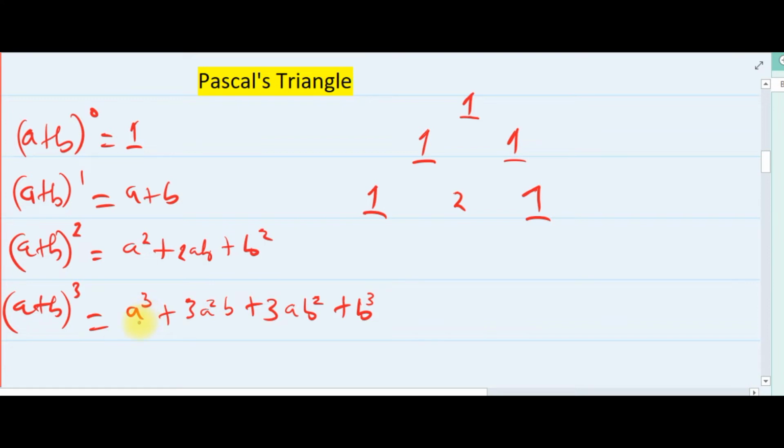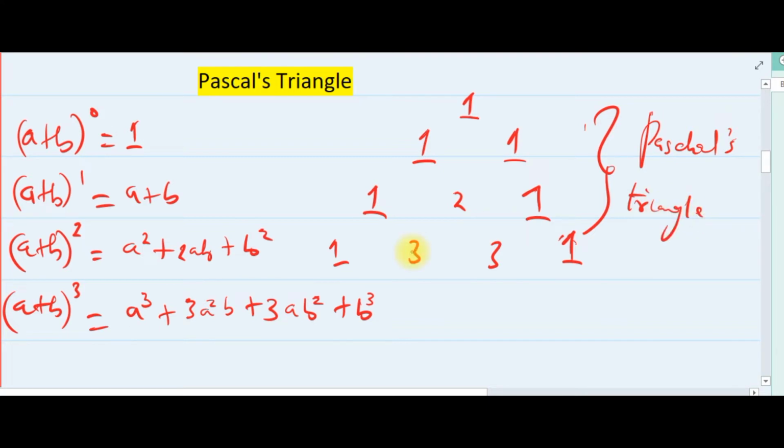So the fourth expansion will have 1, 3, 3, 1. So we are forming a triangle. This triangle is called Pascal's triangle. From this you can still get the coefficients of the next term as 1, 4, 6, 4, 1. So to form a triangle, that's what we call Pascal's triangle.